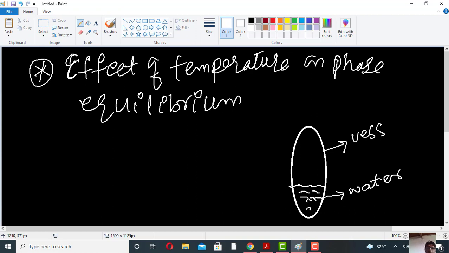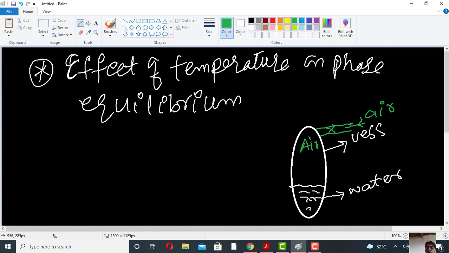Now we enter some air into the vessel. This is the valve, this is the air. We fill the vessel with some air.